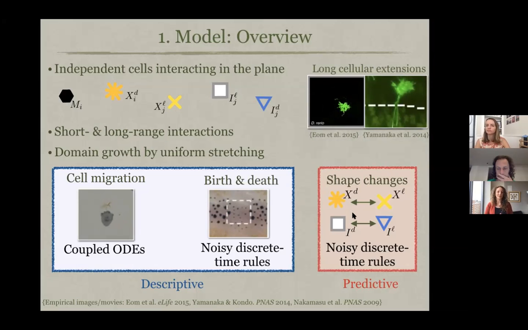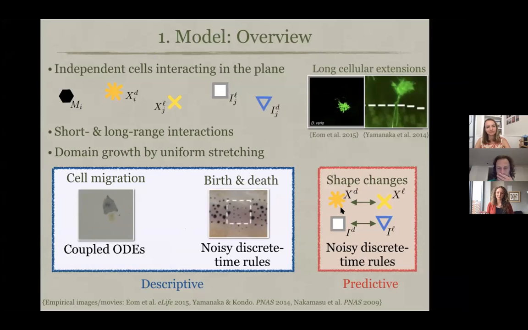I wanted to mention here that where our model is descriptive, where we're just taking known biology and putting it in a mathematical modeling framework, is in this area: cell movement, birth, and death. And where we are trying to make predictions about the unknown signals behind cellular interactions is here.